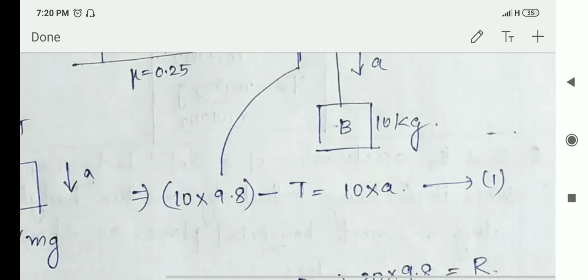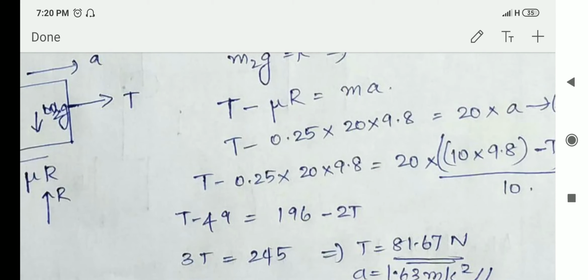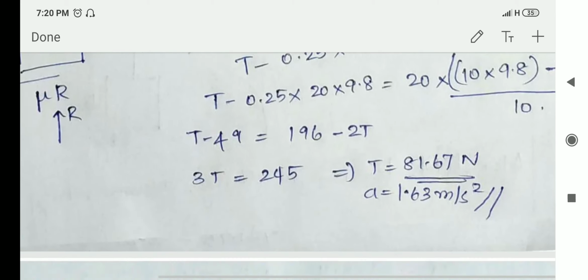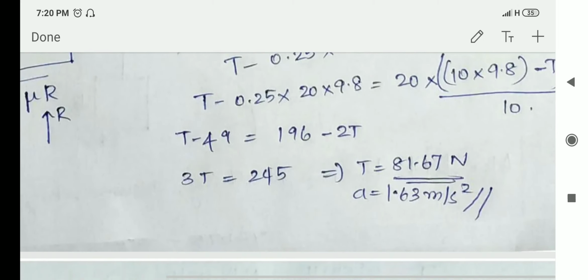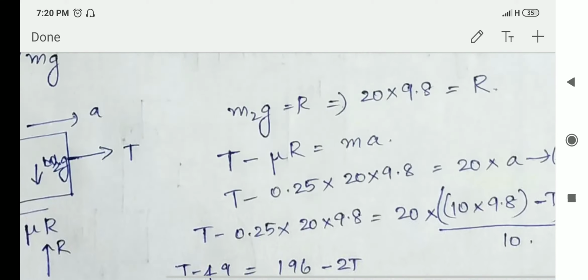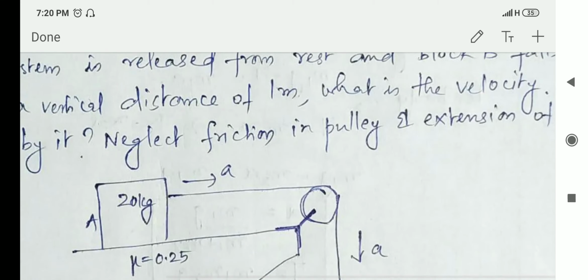Comparing equation number 1 and equation number 2, we have two equations and two unknowns. We can solve for T and a, and I arrived at T equal to 81.67 and a equal to 1.63 meter per second square. Let us now check what the question is.